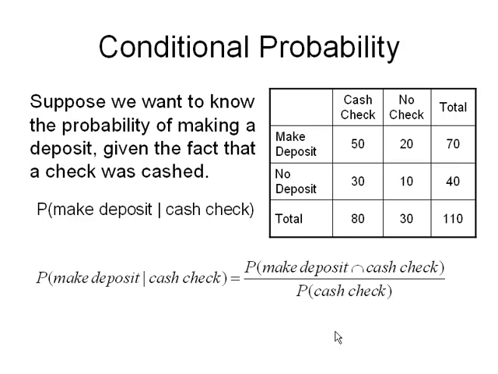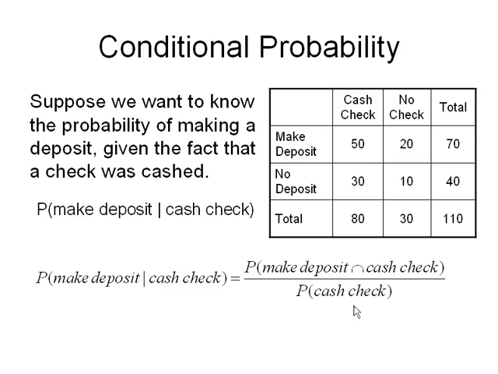Now, an alternate way to look at this is to take the exact same given that they cashed a check and the probability that they're going to make a deposit. The definition of conditional probability, which is what we're doing here, is that you do the probability of making a deposit intersected with cashing a check divided by the probability of cashing a check.